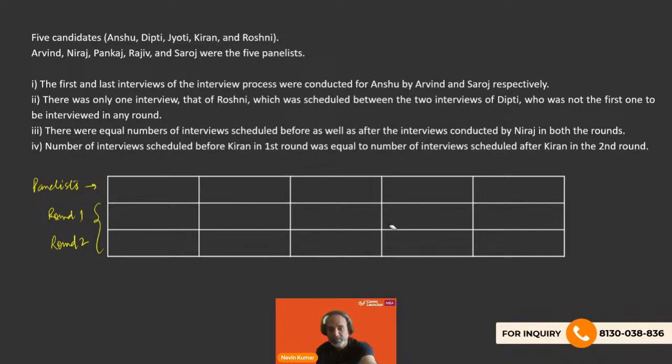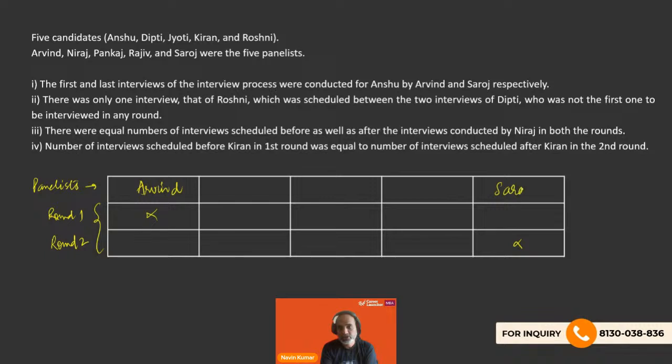So, as per the question, the first statement says the first and last interviews of the interview process, which means these two, were conducted for Anshu, sorry, by Arvind. So definitely the panelist is Arvind and Saroj respectively.